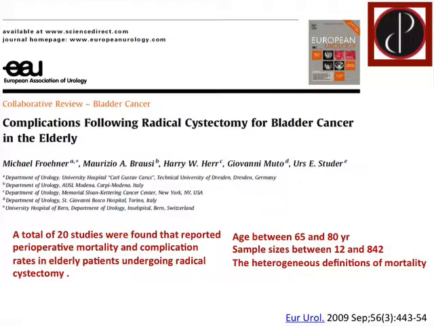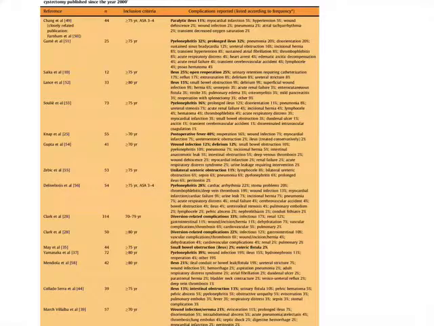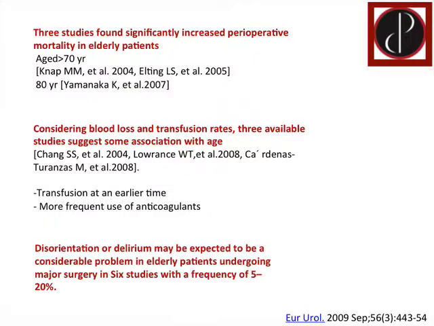Some consider 65, some consider 80, and the sample size also differs between 12 and 800. So they included 20 studies, and they found that 3 studies actually showed increased perioperative mortality in elderly patients.